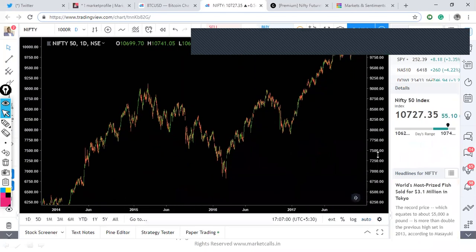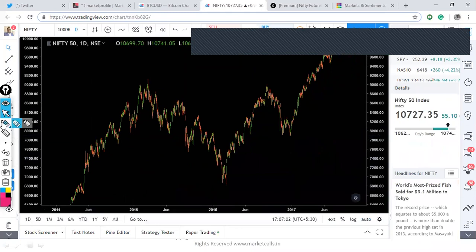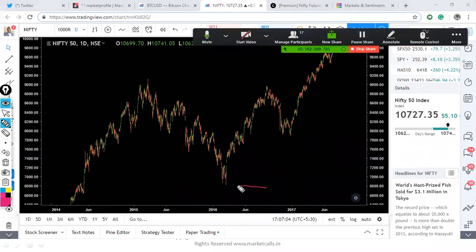So look at this bottom. This is Nifty futures. This is one of the zones where the Union Budget 2016 was happening. On that particular day, 7,000 writers were steady there, throughout the February month.